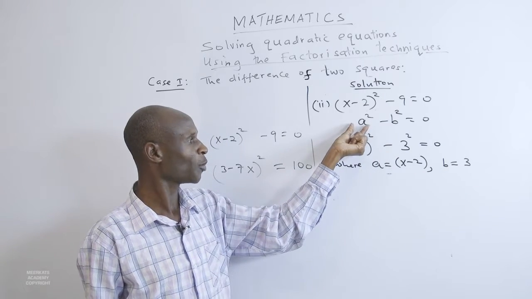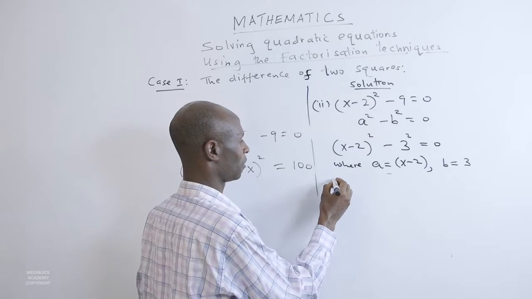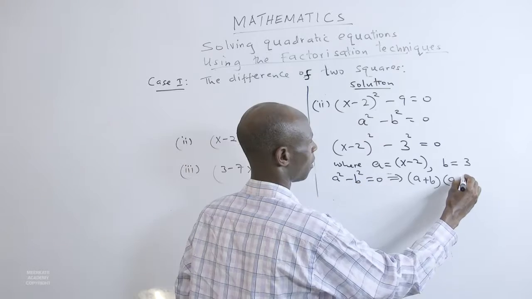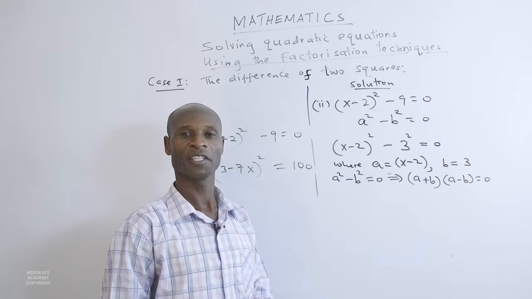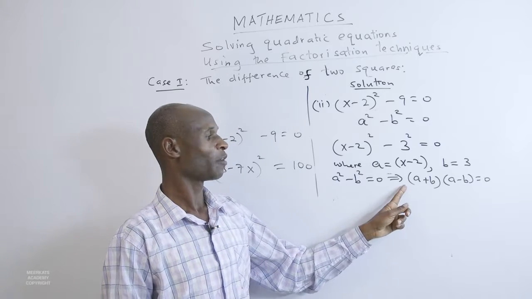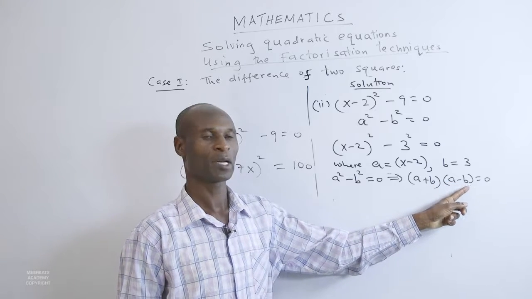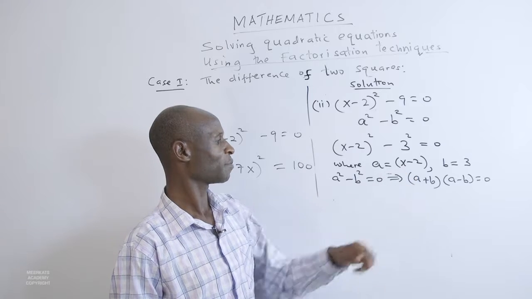So we now substitute where there is a, because we know that a squared minus b squared is equal to 0 is equivalent to a plus b times a minus b is equal to 0. So where there is a, we put there x minus 2.